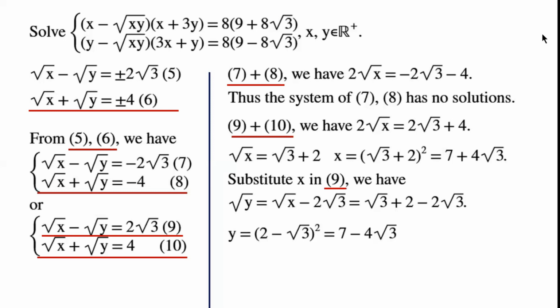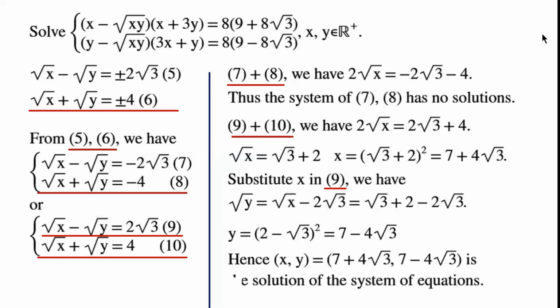So y equals (2 - √3)², which is equal to 7 - 4√3. Hence, (x, y) equals (7 + 4√3, 7 - 4√3) is the solution of the system of equations.